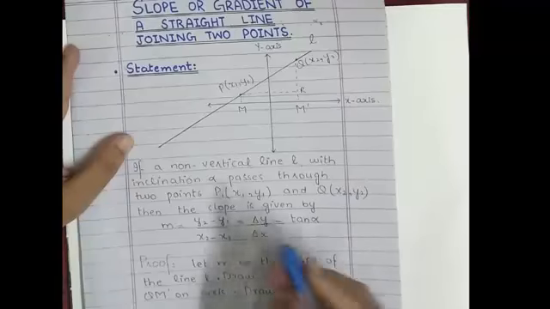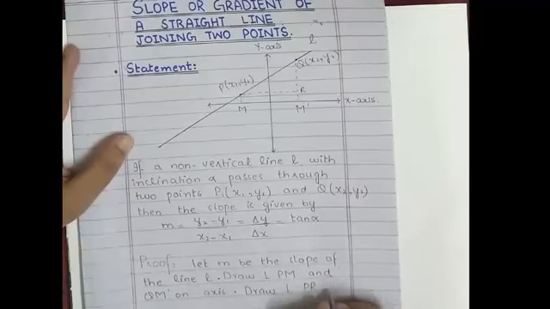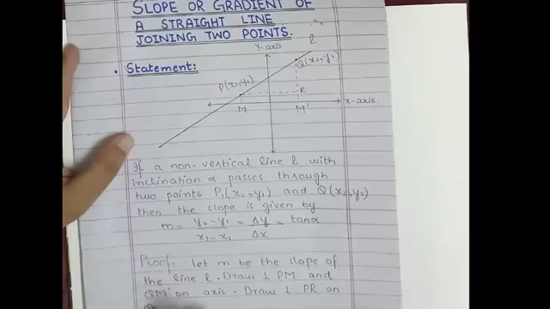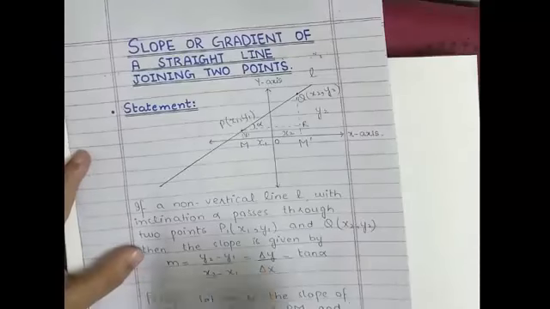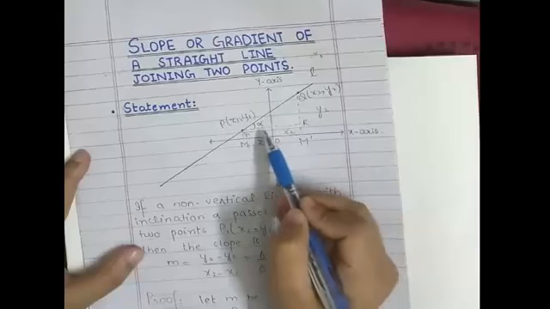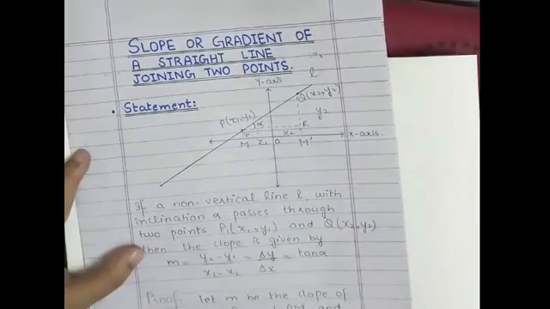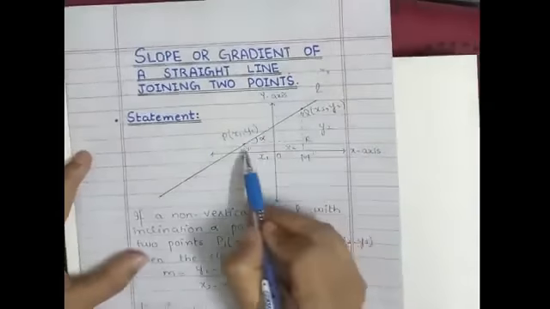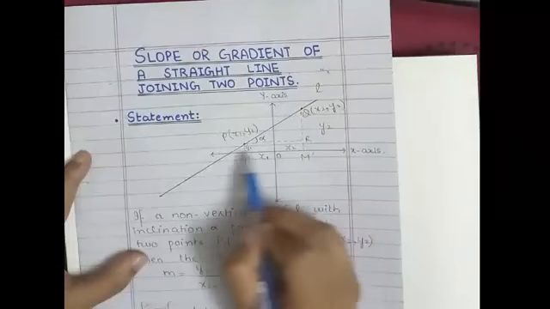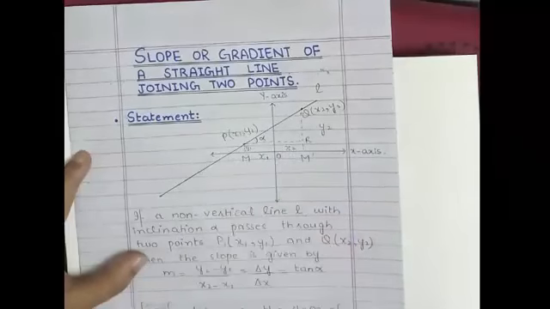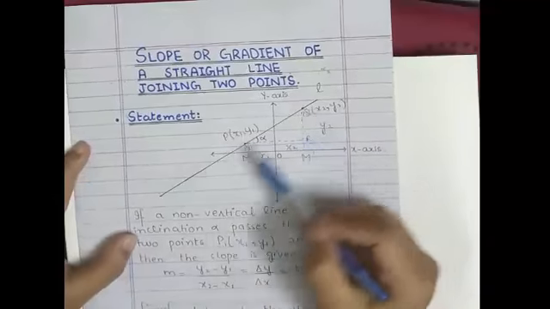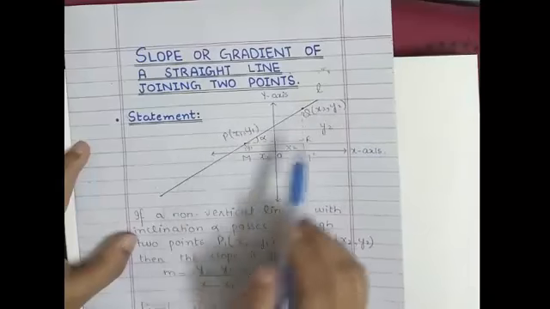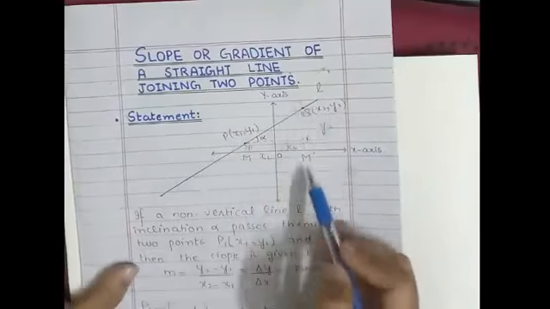Draw perpendicular PR on QM dash. Angle PQR is equal to alpha. And measure of PR, what will it be? PR will be x2 minus x1, because there are the 2 points on the line. So their distance must be like x2 minus x1 and y2 minus y1.